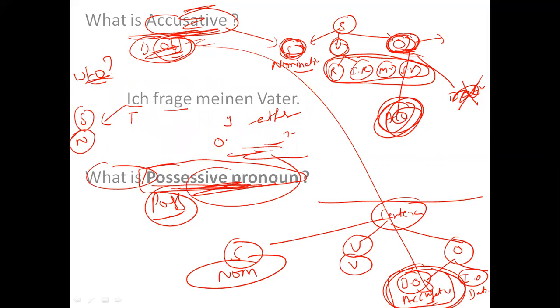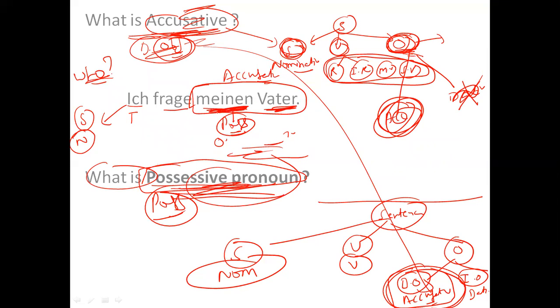This whole bracket is known as accusative. One is meinen, and second is Vater. So this meinen is a possessive pronoun. The name of the topic is possessive pronoun in accusative.